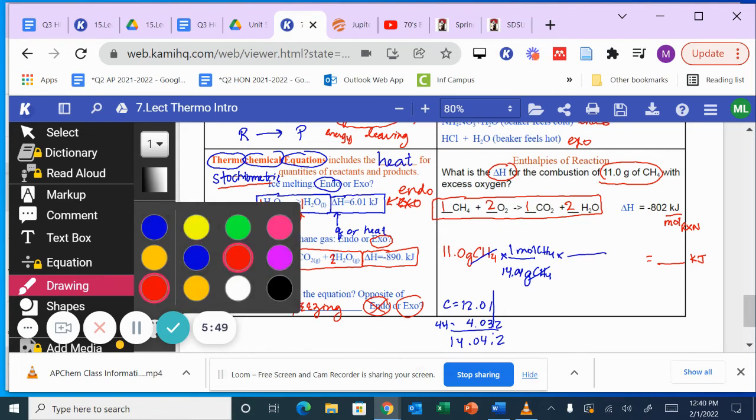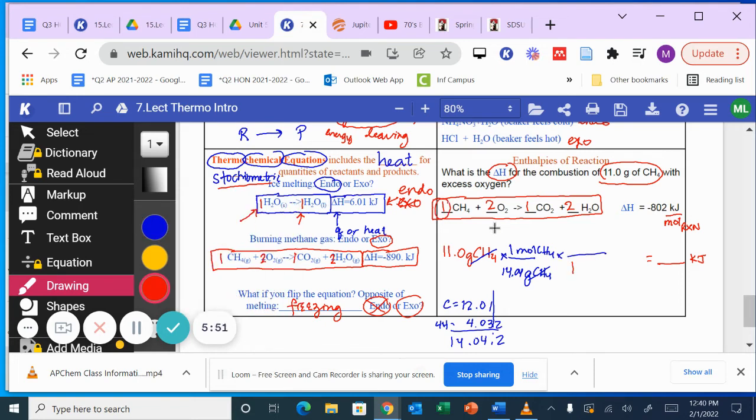I know that for every 1 mole of CH4, I'm going to give off this much heat. This number came from the equation, and this heat came from the delta H. And that's it. All I have to do is do that math. I'm sorry, this is not 14, it's 16. I'm going to get 551 kilojoules.